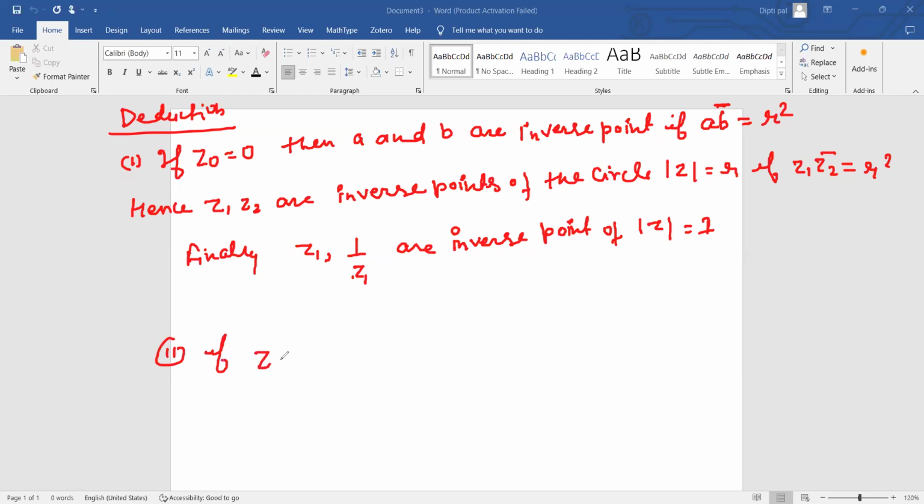Second, if Z equal to 0 and Z equal to infinity are inverse points of mod Z equal to 1, then Z equal to 0 and Z equal to infinity are inverse points of Z equal to 1. Now we move to some examples.